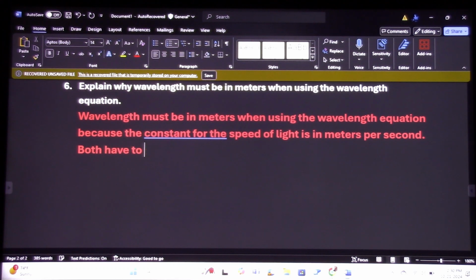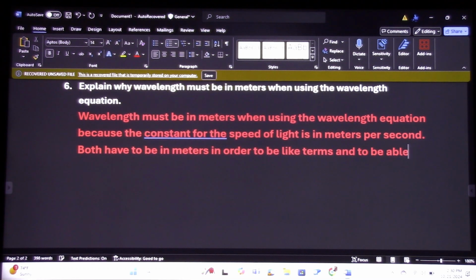Both have to be in meters in order to be like terms and to be able to do the calculations.